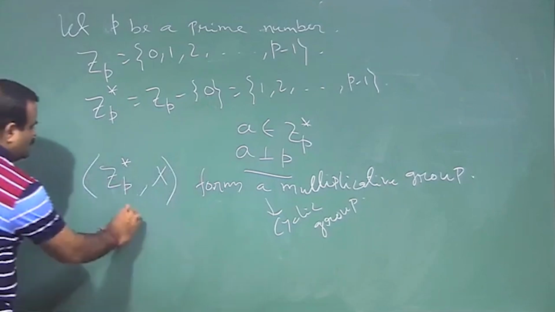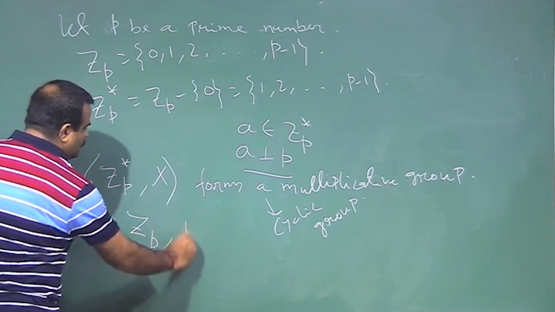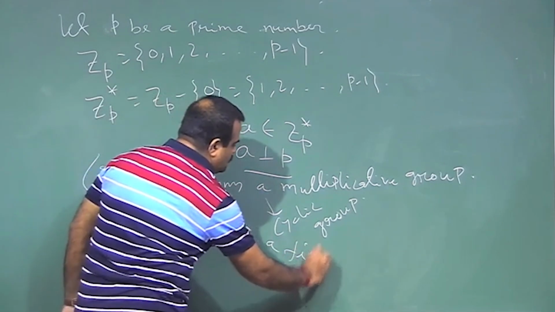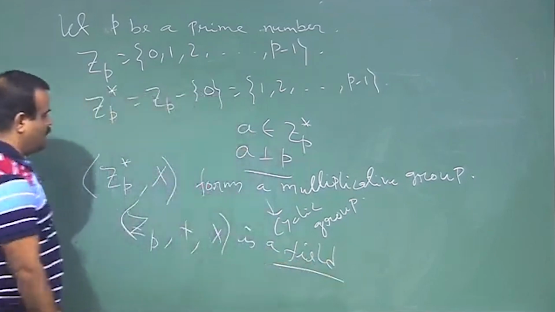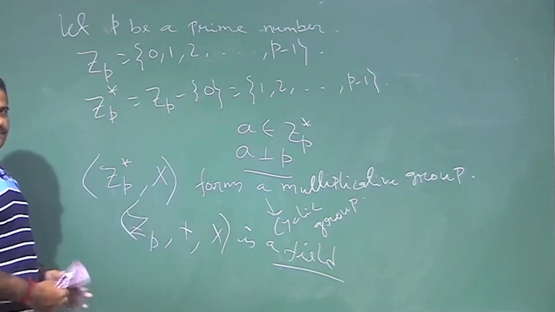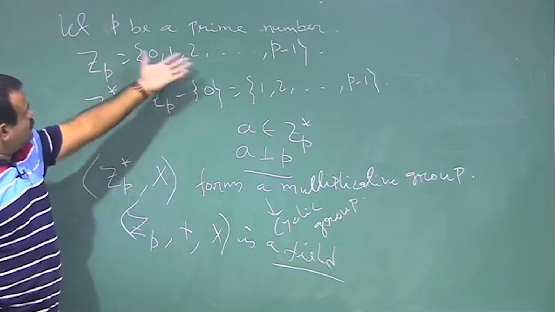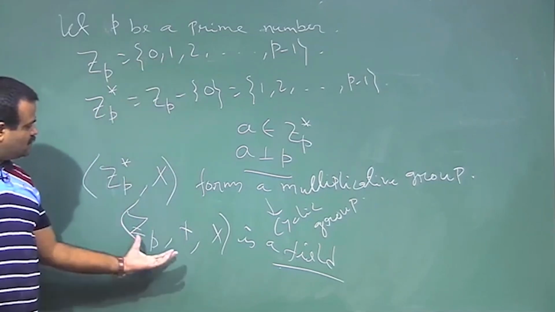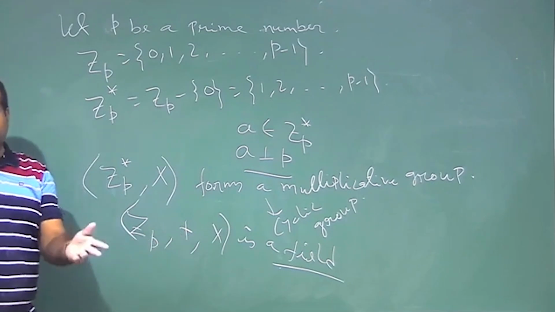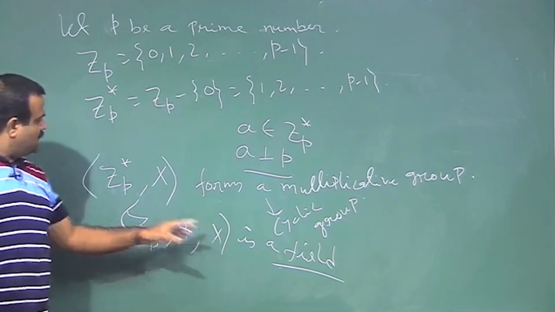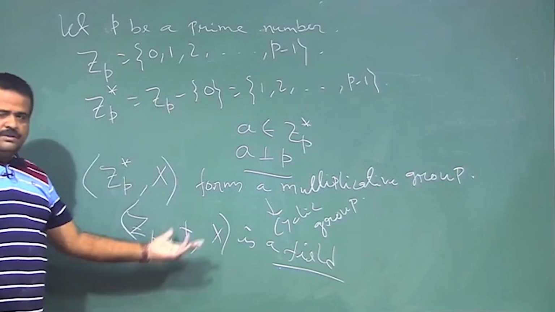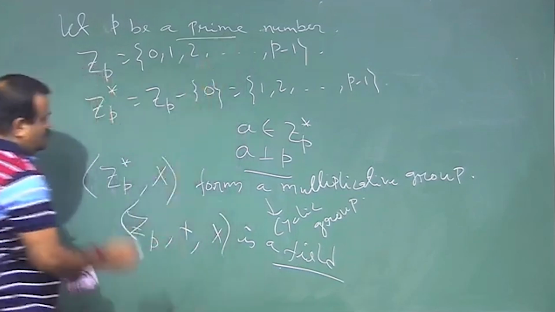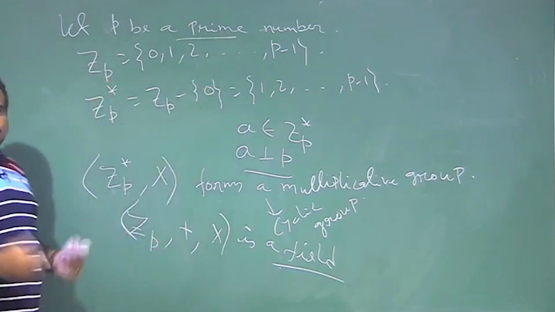So, that means Zp with plus and dot is a field, and this is a finite field, because the number of elements is finite. With addition there is no issue, because every element has an inverse. With multiplication, other than the 0 element, every element has an inverse, provided p is prime. So, this is a finite field.